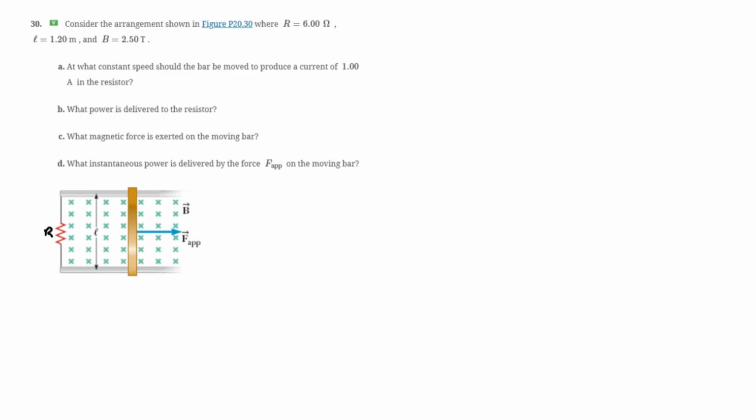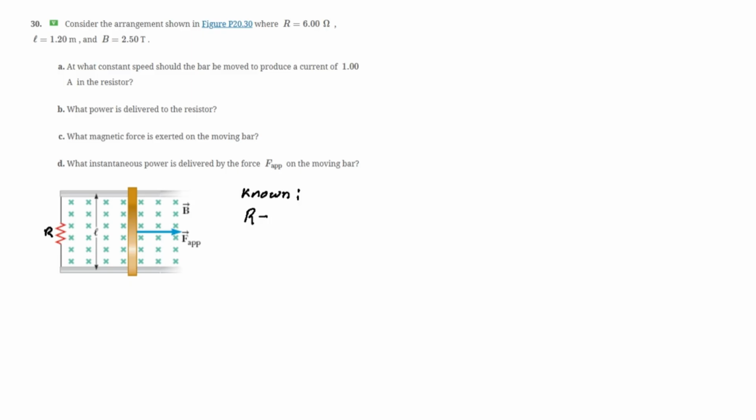So the first is, at what constant speed should the bar move to produce a current of 1 ampere in the resistor? Well, which are the known? We have the resistance of the resistor, which is 6 ohms.